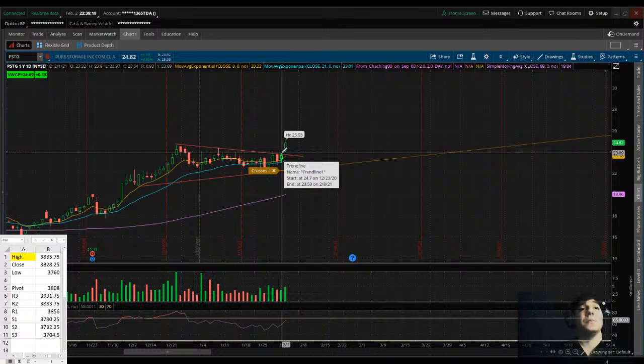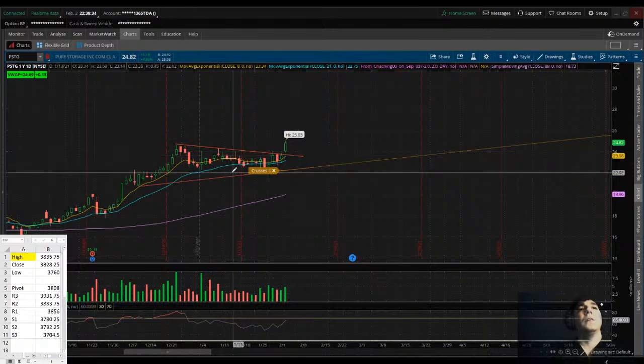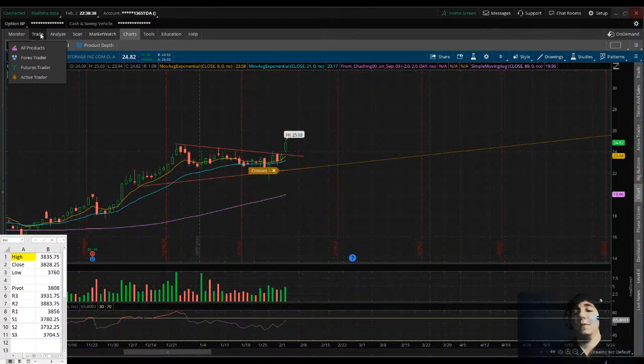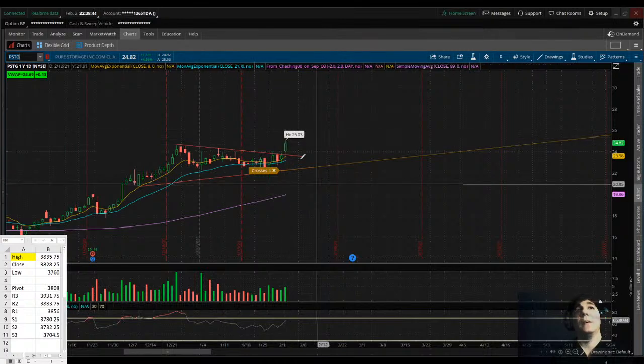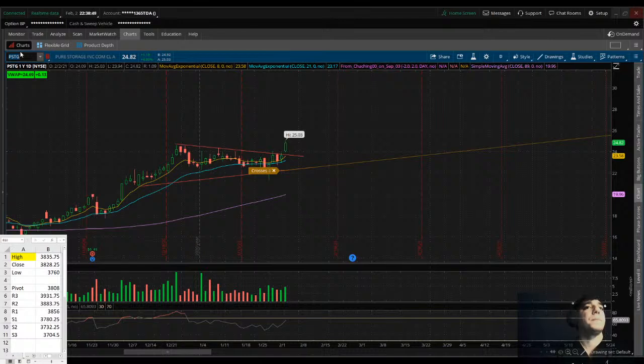I'm using Thinkorswim, TD Ameritrade, Thinkorswim. It's my favorite by far to use. So I set this alert right here, and once it popped off, went to the trade tab, grabbed it at the money call, and voila, look at today, up and over, and closed at all-time highs. Pretty bullish, if you ask me.